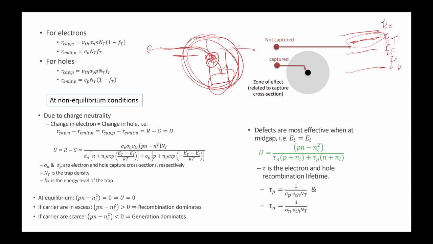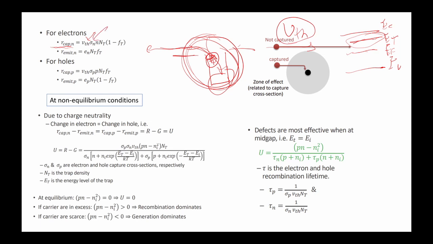This R cap, R capturing, is the capturing rate of the electron. So it depends on two things: the velocity of the electron, Vth, and sigma n.